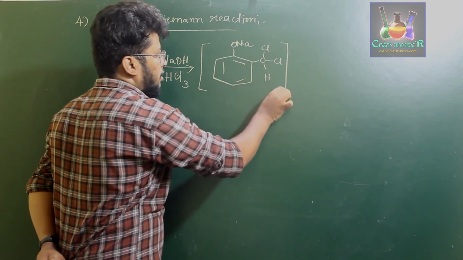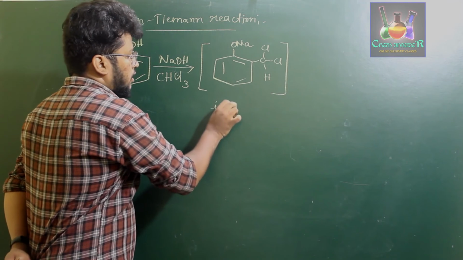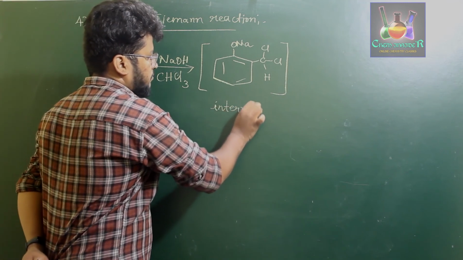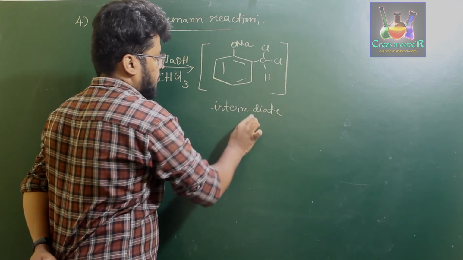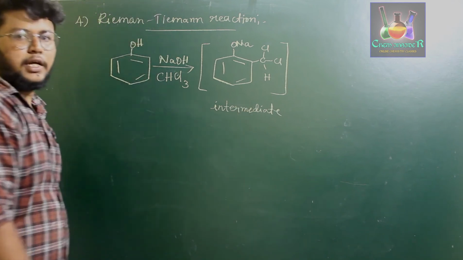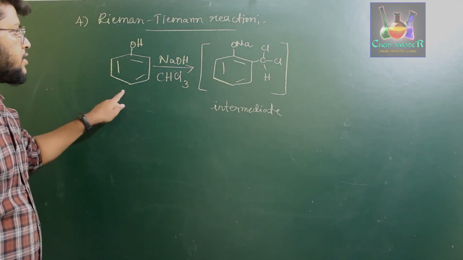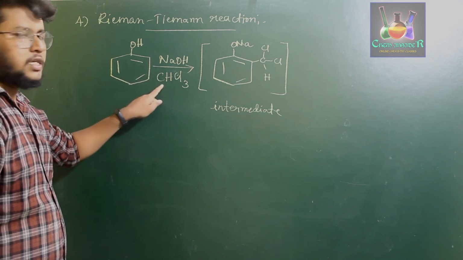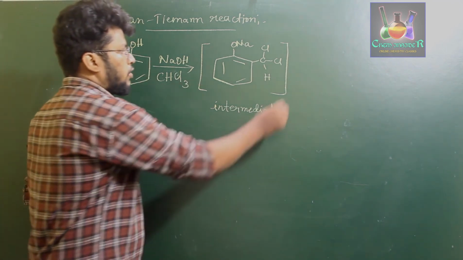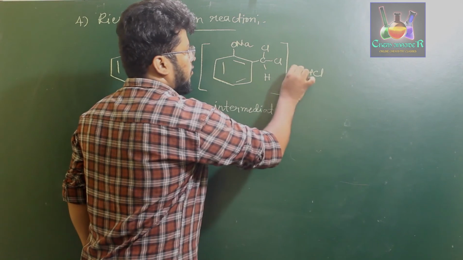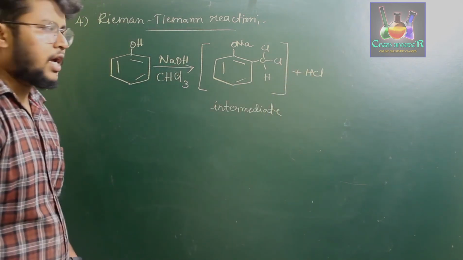This is the intermediate which is very important for the completion of this reaction. It is formed when phenol is treated with sodium hydroxide and CHCl3, where we lose a molecule of HCl.